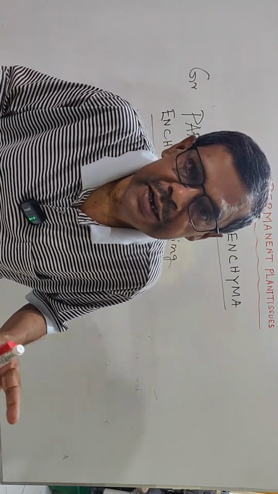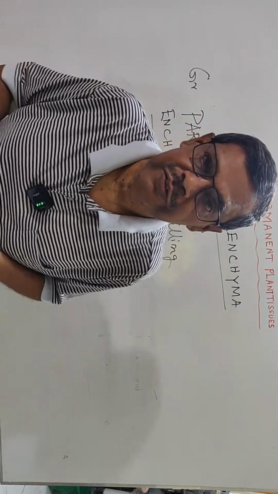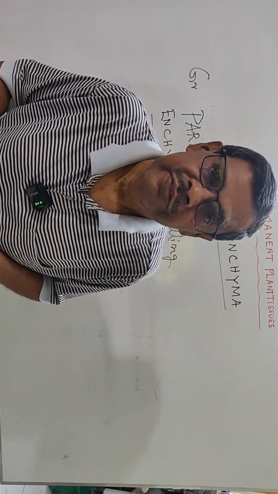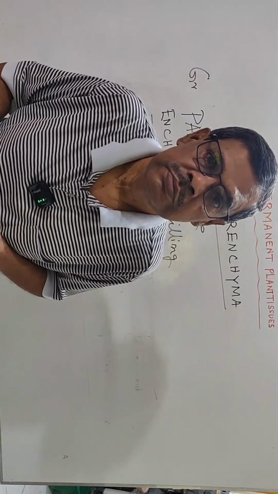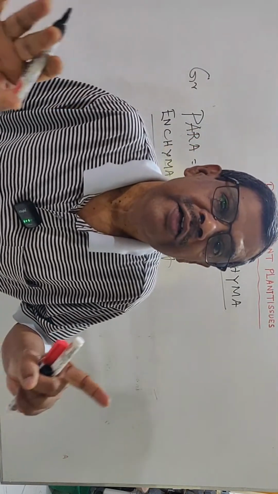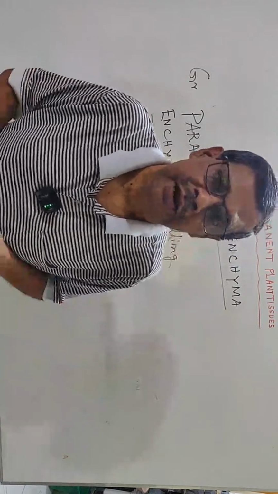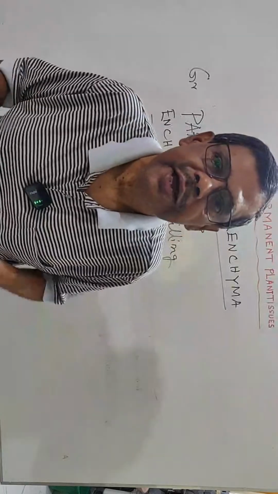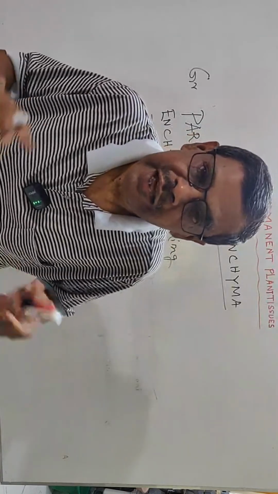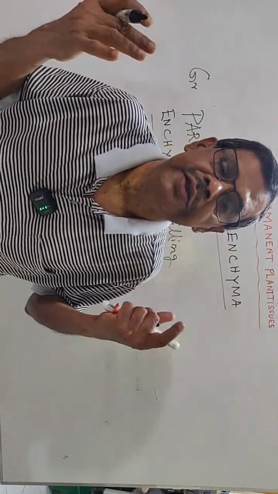There may be intercellular spaces. Cells are thin walled, but they perform the same function. This tissue is called parenchymatous tissue, filler tissue, or packaging tissue.